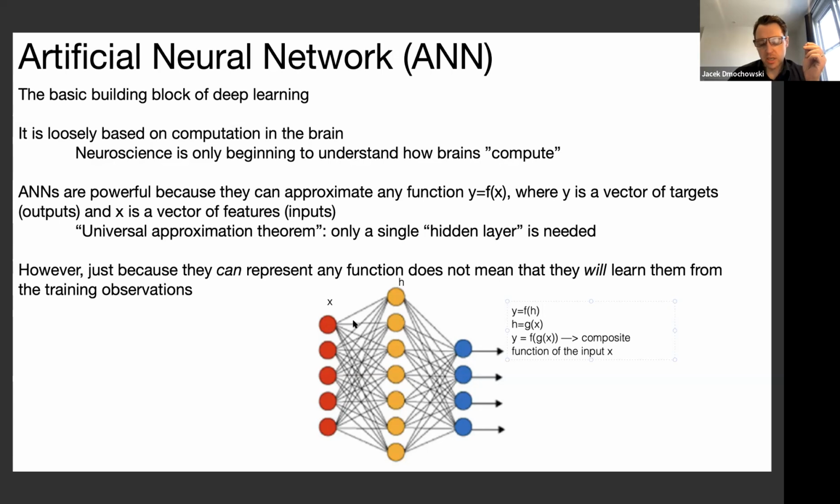So every H is basically like a logistic regression, a logistic function. Each of these H's is performing a different version of a logistic with different weights. And there's something called the universal approximation theorem, which states that you can represent any function between X and Y with a single hidden layer.